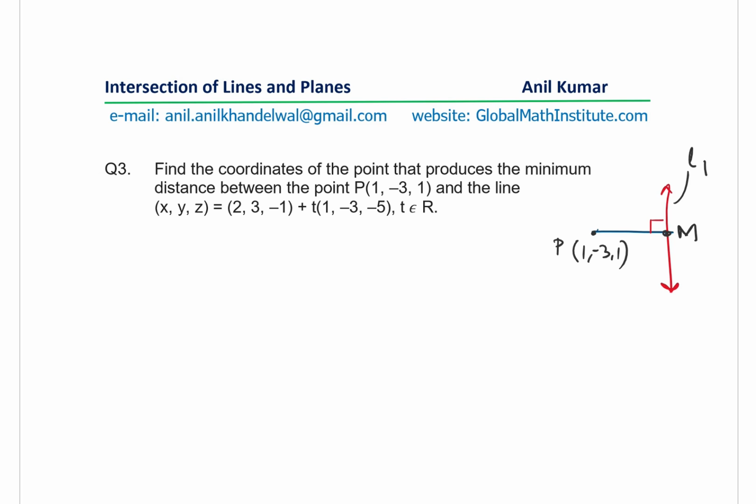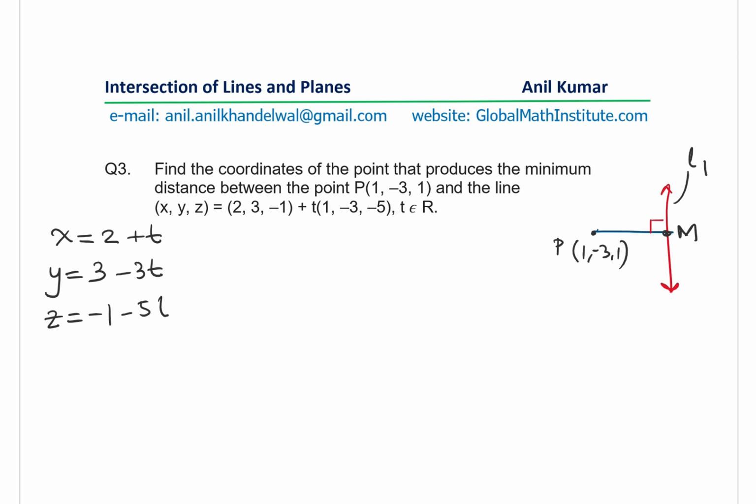Now any general point M is going to be what? We have to consider that it lies on the line itself. So on the line, we have the x value as 2 + t, the y value is 3 - 3t, the z value is -1 - 5t.